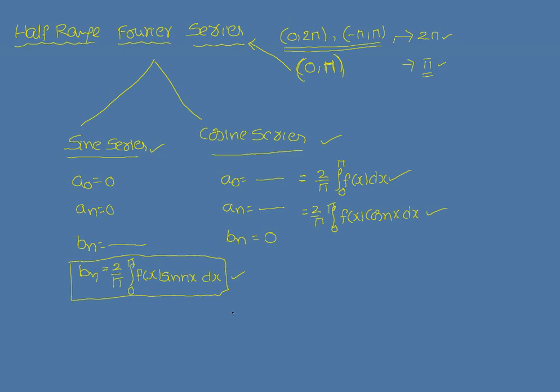So first we will discuss one problem. f of x is equal to, sorry, not cos x, f of x is equal to x, in the interval 0 to pi.